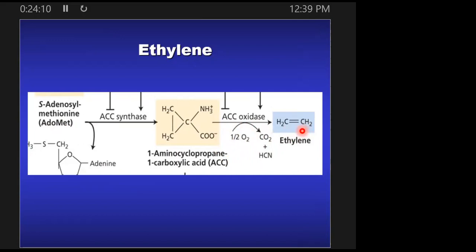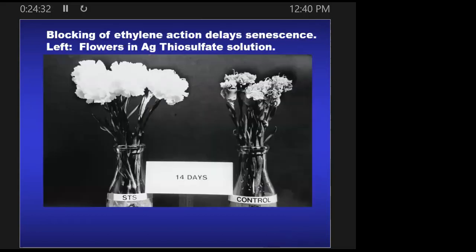Because once you harvest the apples or tomatoes or whatever, those cells are still living, so they're still doing physiology, and now they're separated from the mother plant. They're going to start to senesce over time. It's just the nature of it. And so if you can try to stop ethylene production, that can help prolong the freshness.